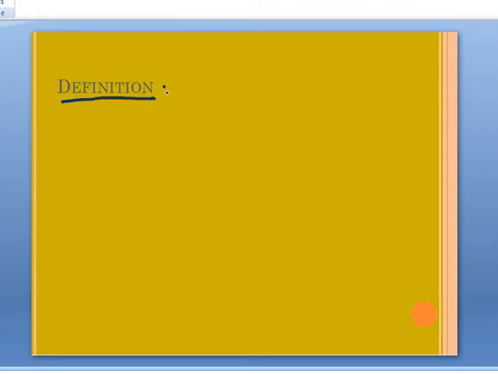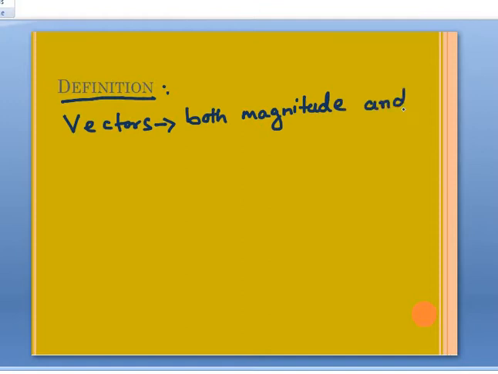As we know from our school definition of vectors, vectors are quantities having both magnitude and direction. What do you mean by direction? Suppose you are getting a quantity like 3. You will say 3 is a scalar.